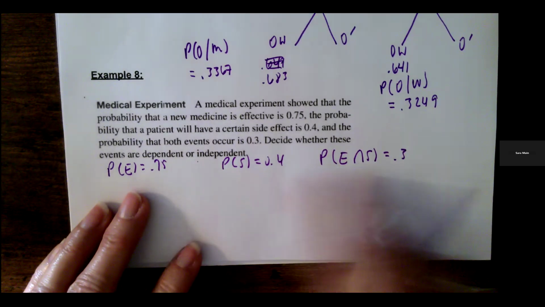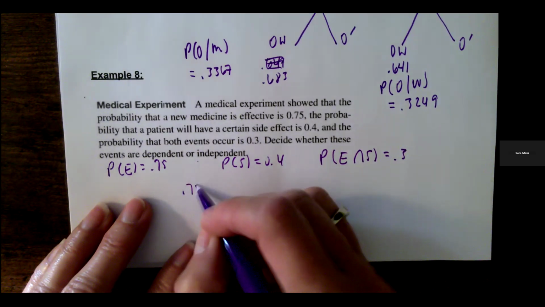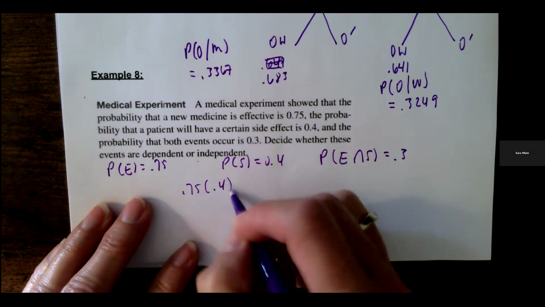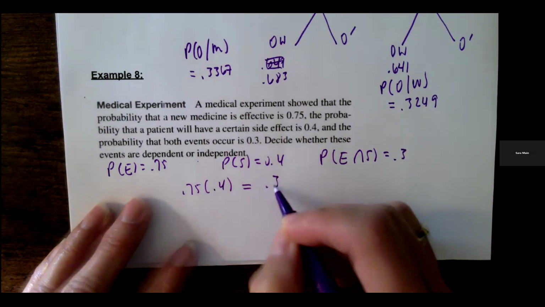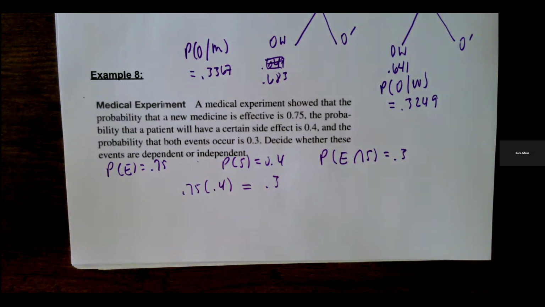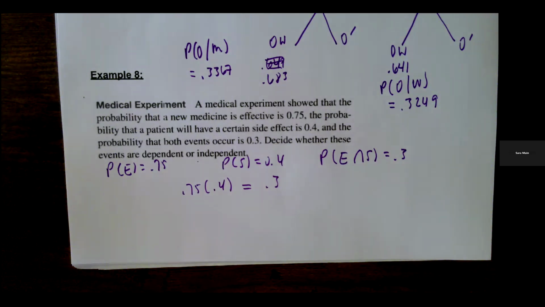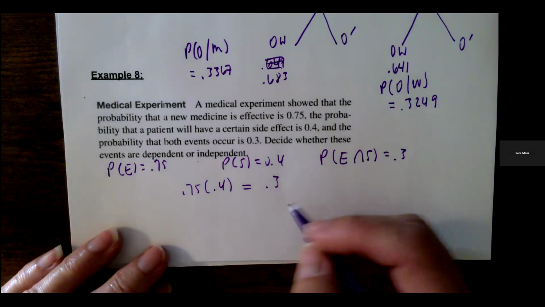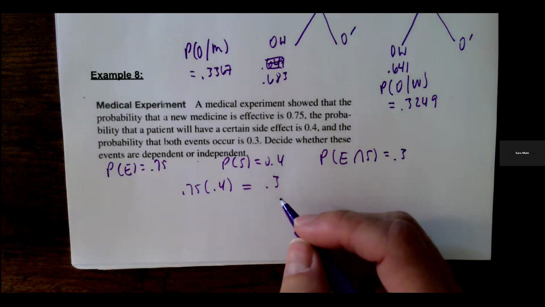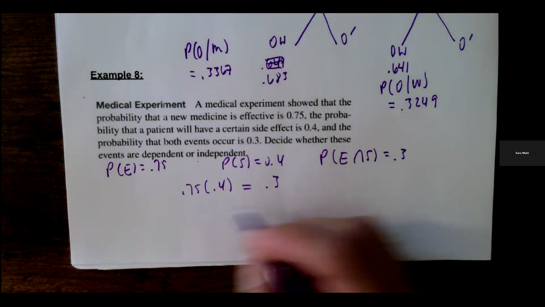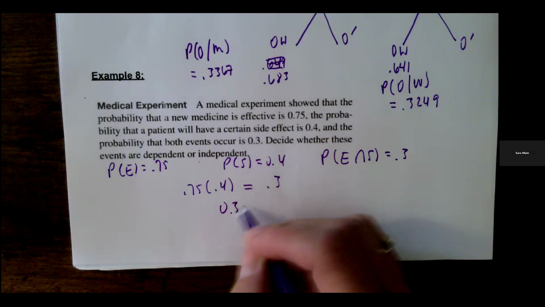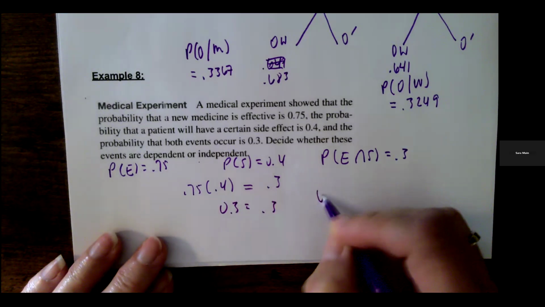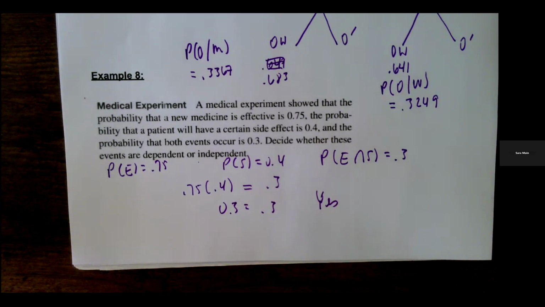And so if they're independent, 0.75 times 0.4 should equal 0.3. And it does. So yes, they are independent.